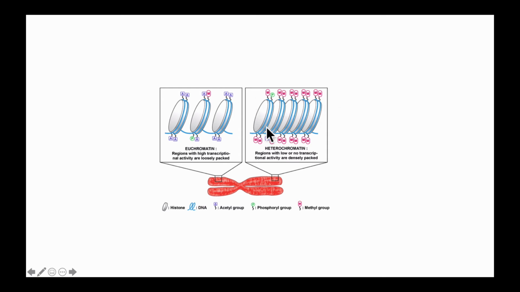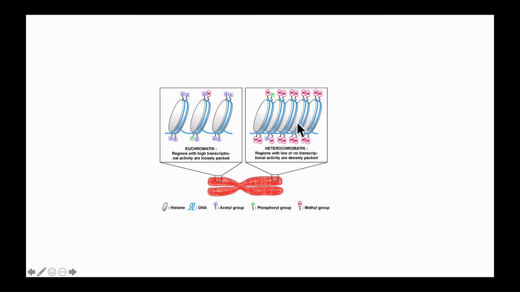So why should there be so much room over here? Why should it be loosely packed when we need this stuff, but we don't need to use it all the time, or they don't have that much of a function in terms of transcription? Therefore, we can pack it up and put it away for good, so to say.